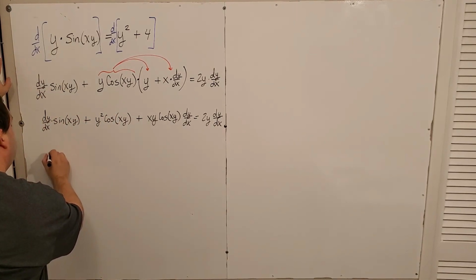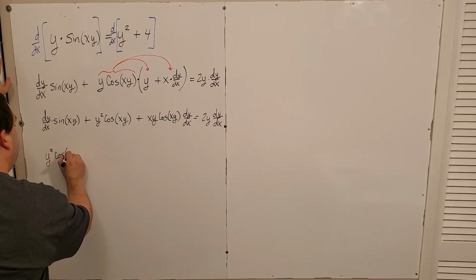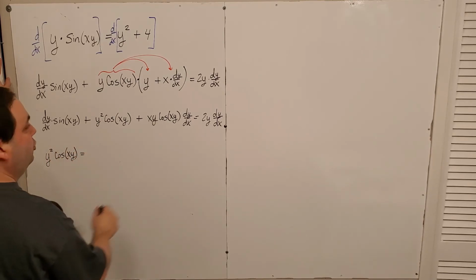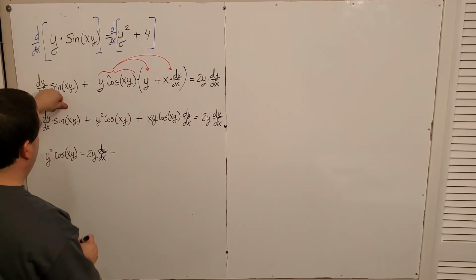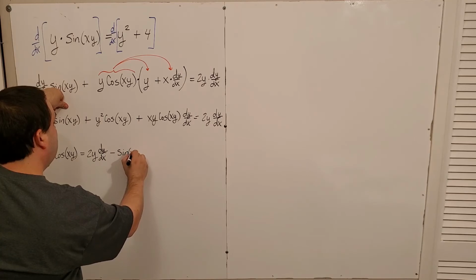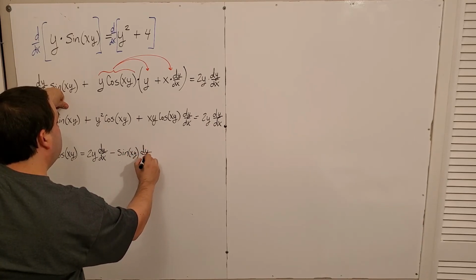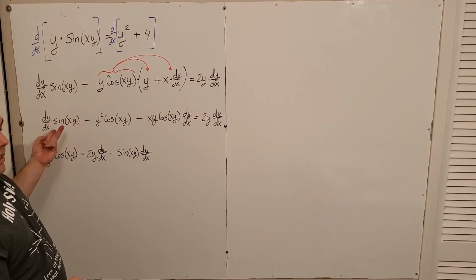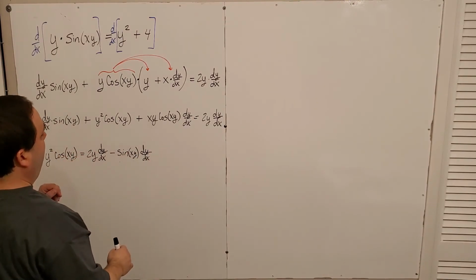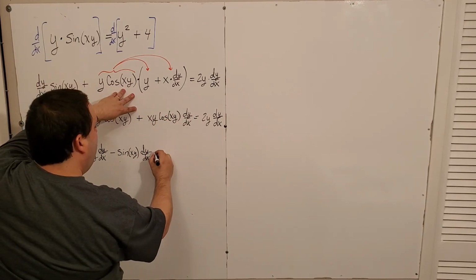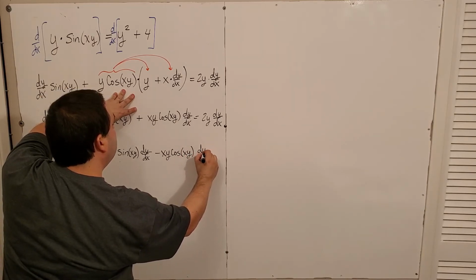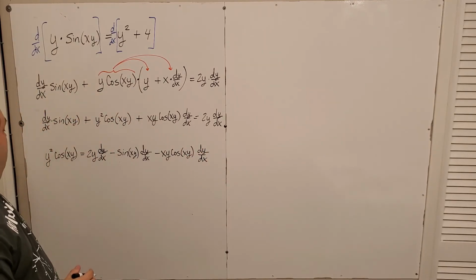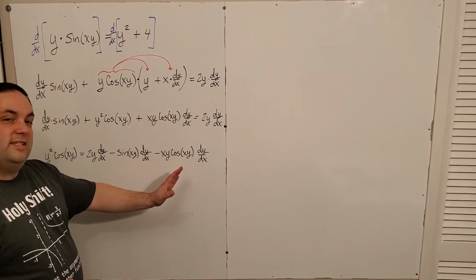So now I have y squared cosine xy is equal to 2y dy/dx minus sine xy times dy/dx. And yes, I reversed it. It's multiplication, it's okay, it's just to keep everything in that format. And then this piece right here too: minus xy cosine of xy times dy/dx. So notice my dy/dx's are all on one side now.